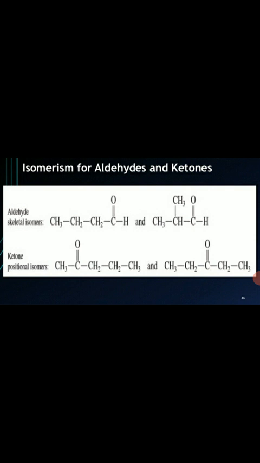Aldehydes will show skeletal isomerism, that is known as chain isomerism. Ketones will show position isomerism, and they will definitely show chain isomerism also, and together they show functional isomerism, right? So students, just go through this, and next we will discuss the preparation of aldehydes and ketones.